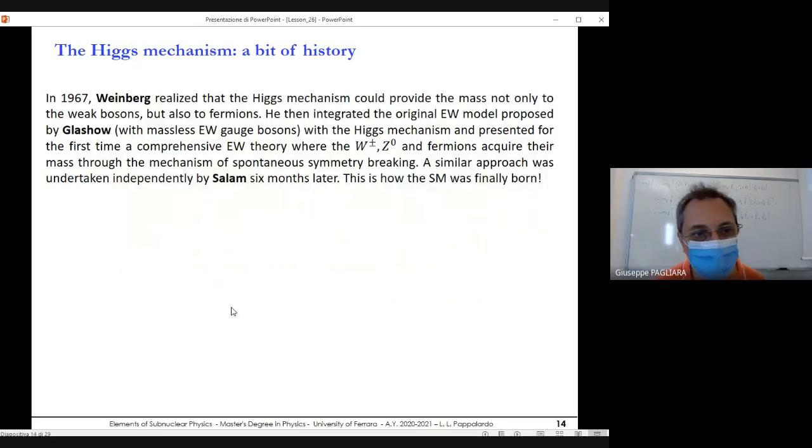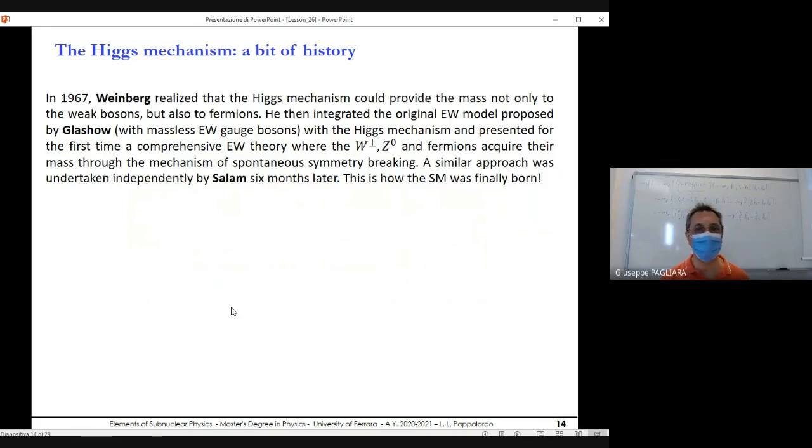Now, a bit of history. So it was 1967 when Weinberg realized that the Higgs mechanism could provide the mass not only of the gauge bosons of the electroweak interaction, but also to the fermions, the way we just showed in the black book. He then had the idea to integrate the original electroweak model, which was proposed before by Glashow, with massless electroweak bosons, with the Higgs mechanism.